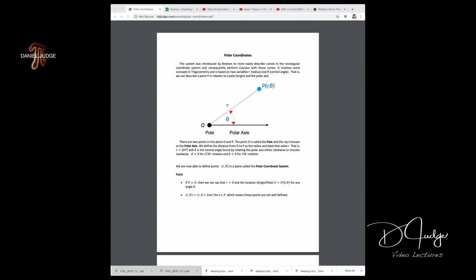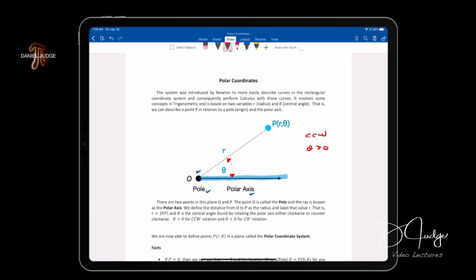So you have your pole, you got your polar axis, and you have this counterclockwise rotation. Theta is positive.